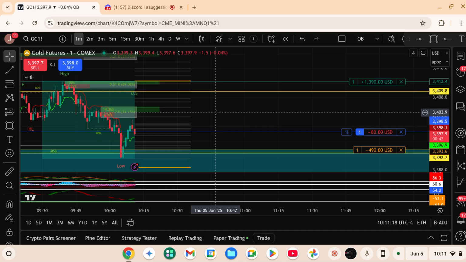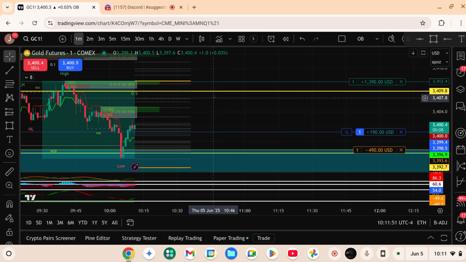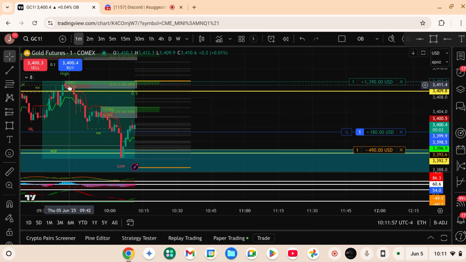You can even target this yellow line here if you don't want to try to hold for this high.